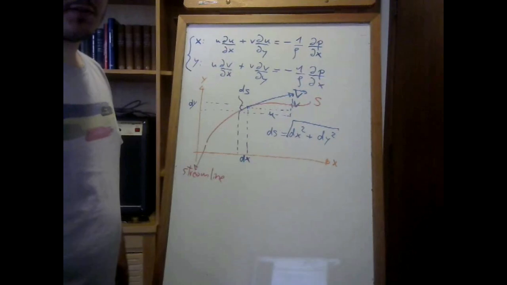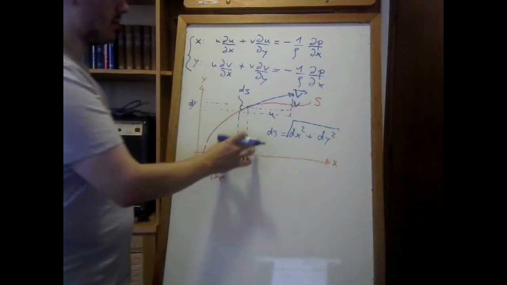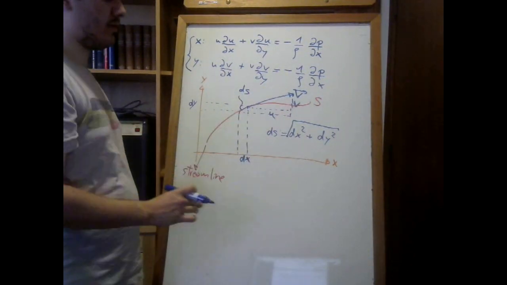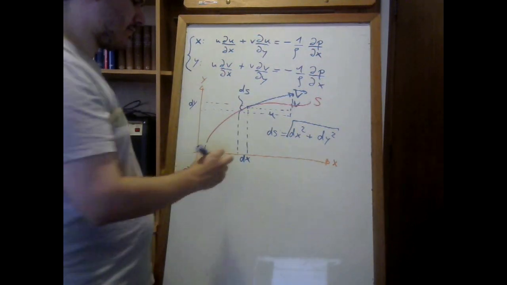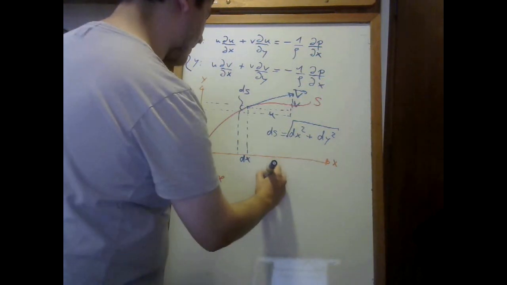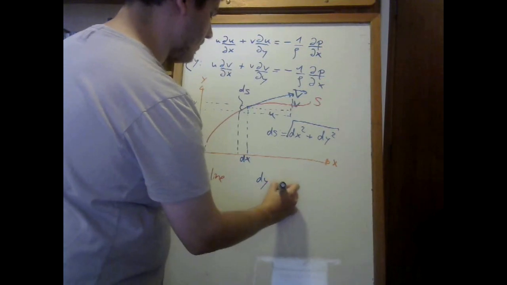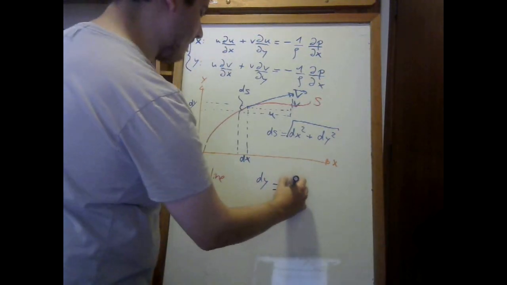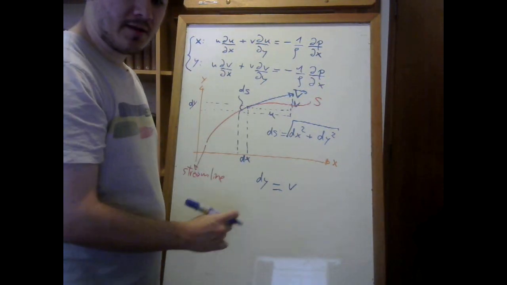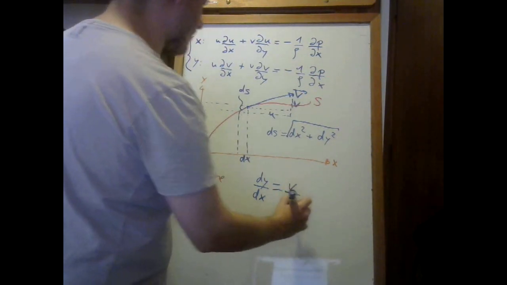So what we're going to do is establish a triangle relationship between this differential here and the velocity components. Using the triangle relations, we have that dy is proportional to v, divided by dx and here by u.